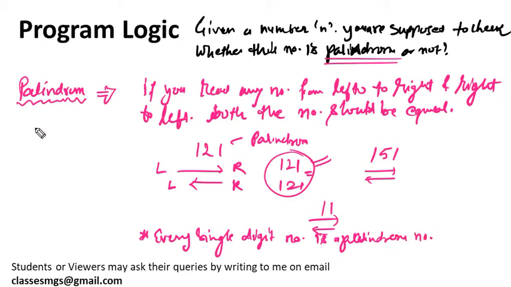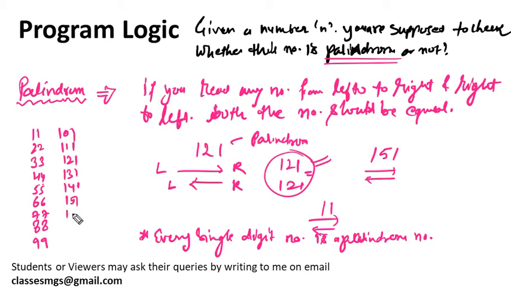For two digit numbers, 11, 22, 33, 44, 55, 66, 77, 88 and 99 are palindromes. Then you get 101, 111, 121, 131, 141. All those are palindrome numbers. 161, 171, 181, 191. Then 202, and so on. So these are the palindrome numbers.